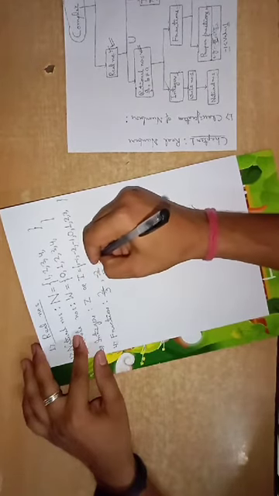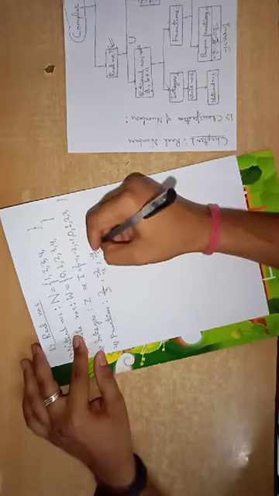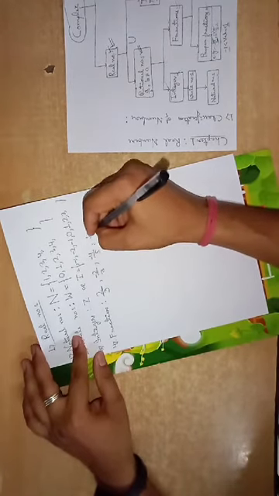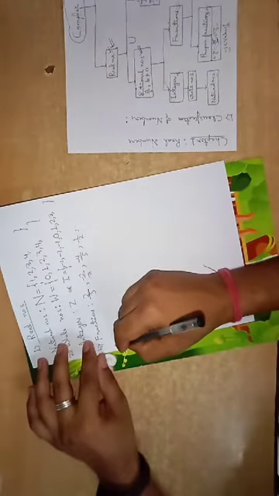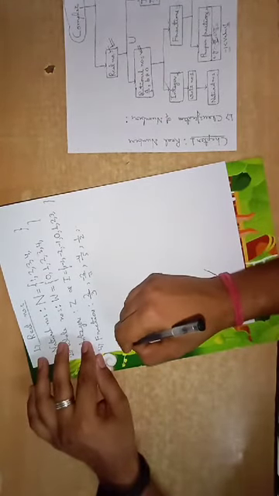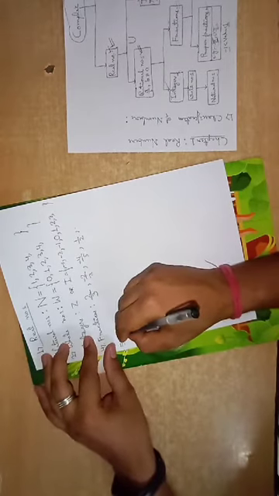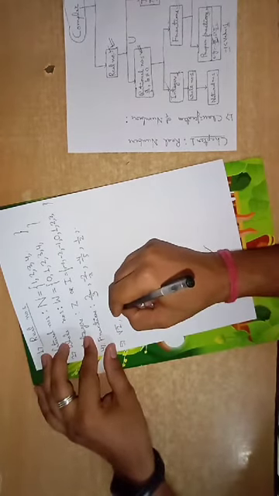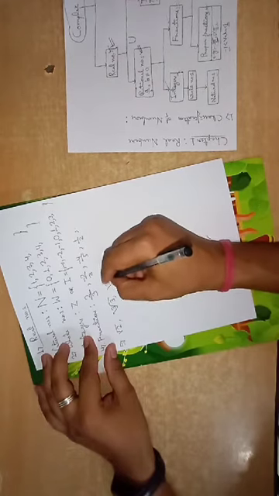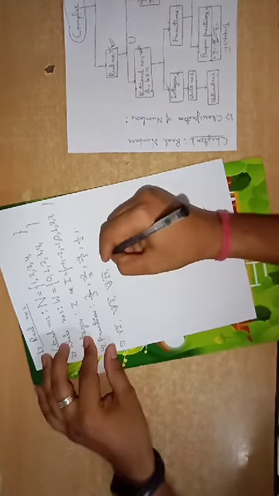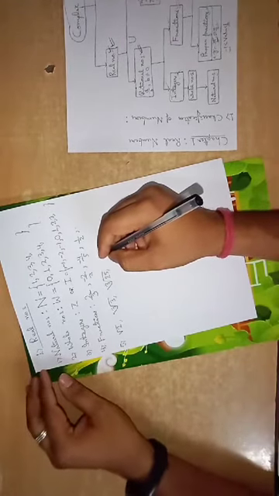Minus 4 by 5 is a fraction. 1 by 2 is another fraction. Then apart from this, we have numbers in square root, like square root of 2, cube root of 3, cube root of 25. These are the numbers which you studied in class 9.